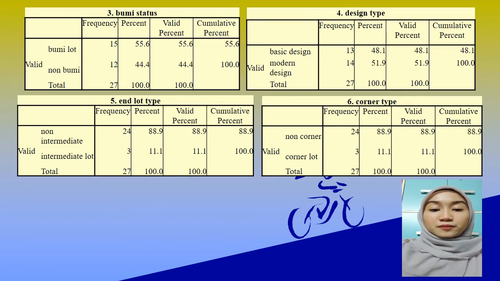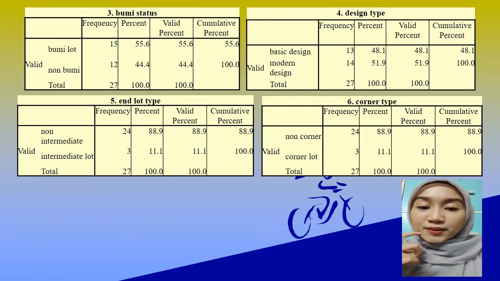Meanwhile, the frequency stated in the table for intermediate lot is 3, with 11.1% and valid percent, while the cumulative percent is 100. For the end lot type, the higher frequency goes to the non-intermediate lot.